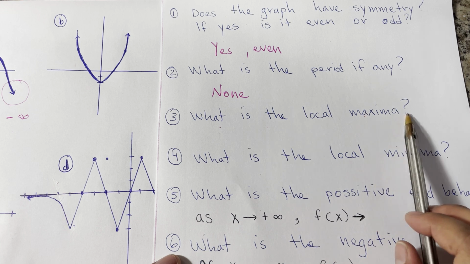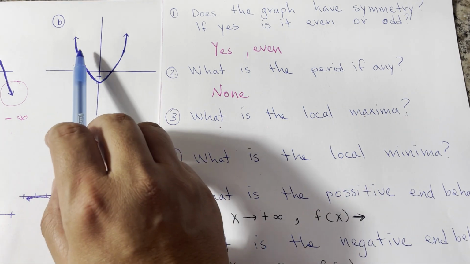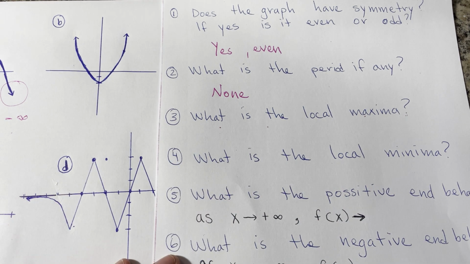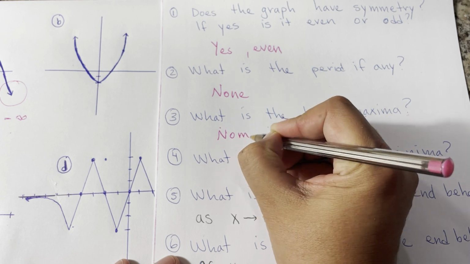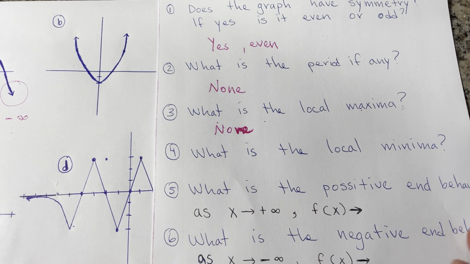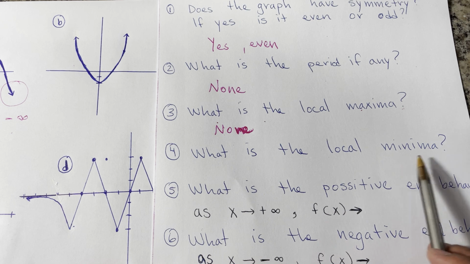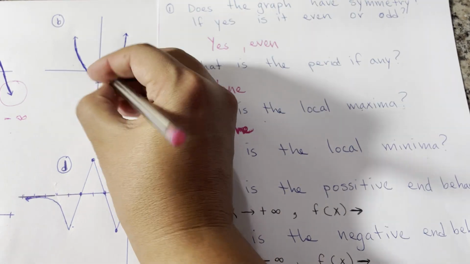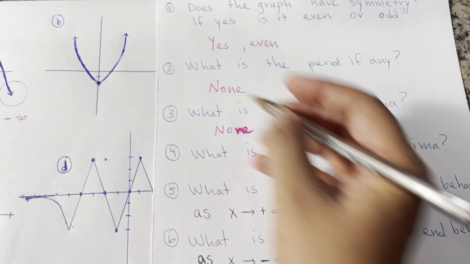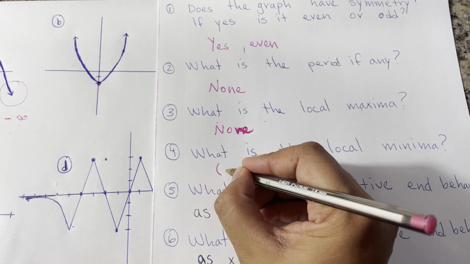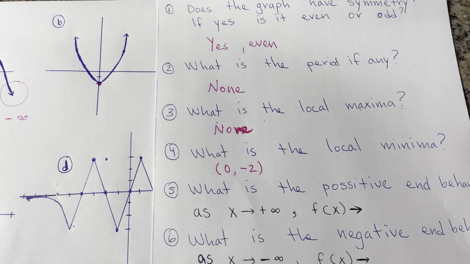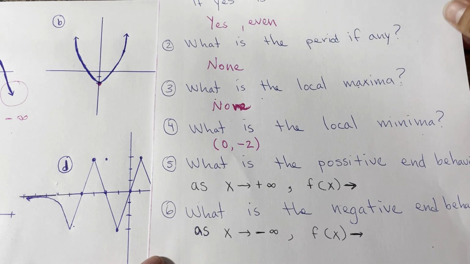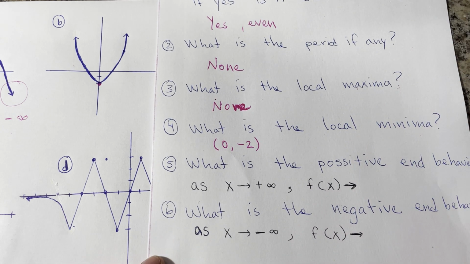What is the local maxima? Because it has arrows, it means that it goes infinitely up. So it does not have any maxima, so we put none. What is the local minima? Minima is the lowest point, and so it's -2, so we put 0 for x, -2 for y. What is the positive end behavior?